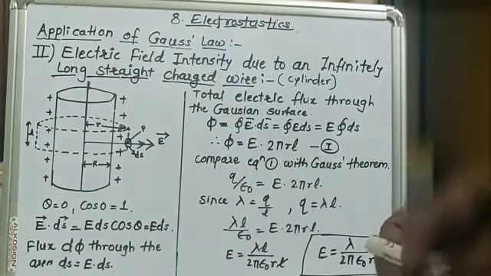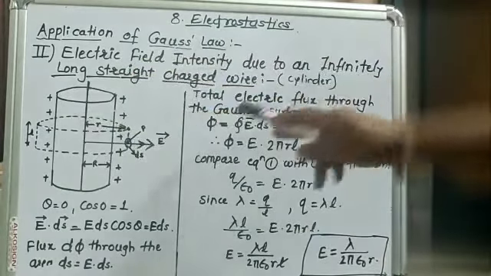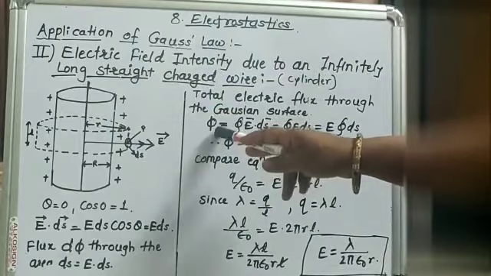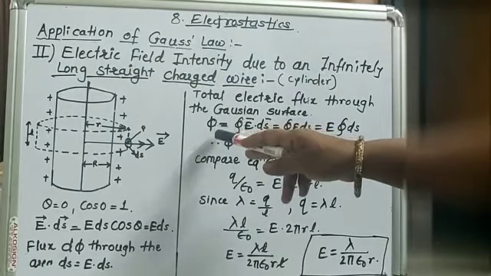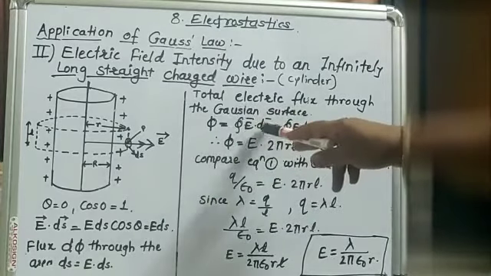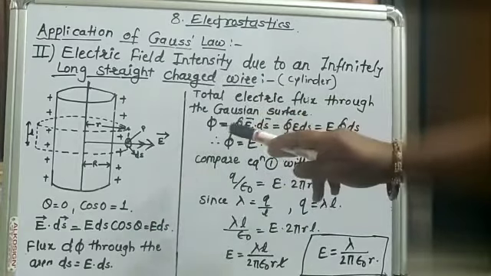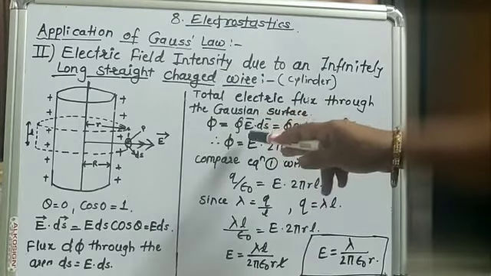Now we calculate the total flux passing through this Gaussian surface. The total flux, denoted by phi, is calculated by integrating E bar dot ds bar, meaning integrating the small flux.